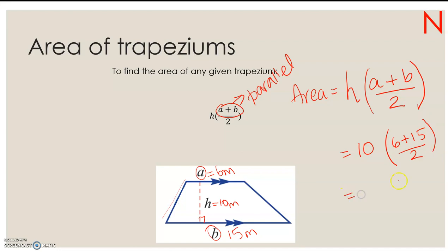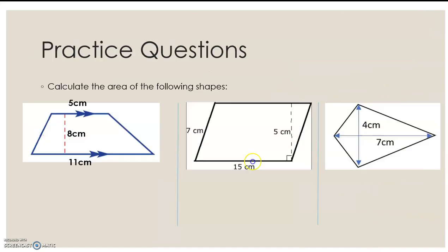Then 6 plus 15 is 21, divided by 2, and that gives me 10 times 10.5, which is 105 meters squared. So that's just a quick example of how to work out the area of a trapezium.